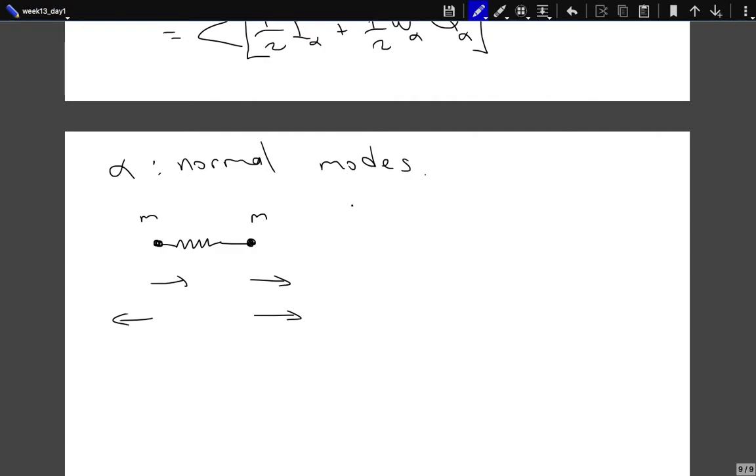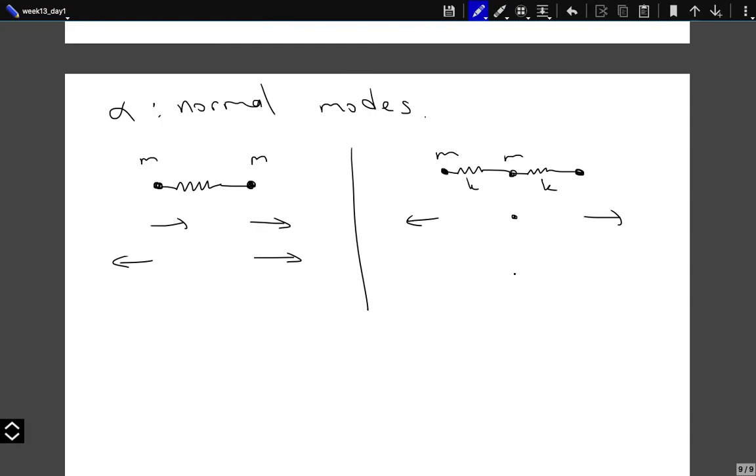Another example of normal modes for a three-mass system, for example, identical masses, same springs. The normal modes will be: the masses on the edges can move back and forth in opposite directions, while the mass at the center is constant. It just stays there.